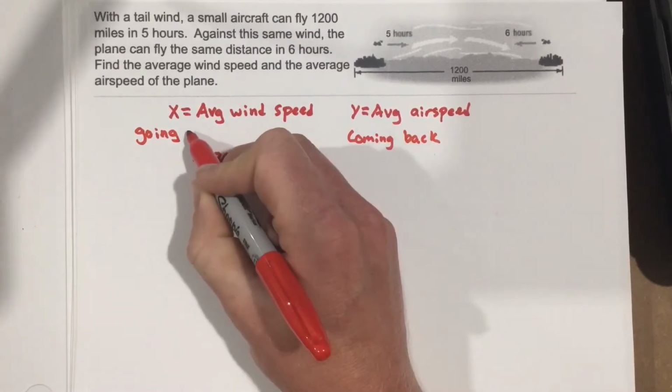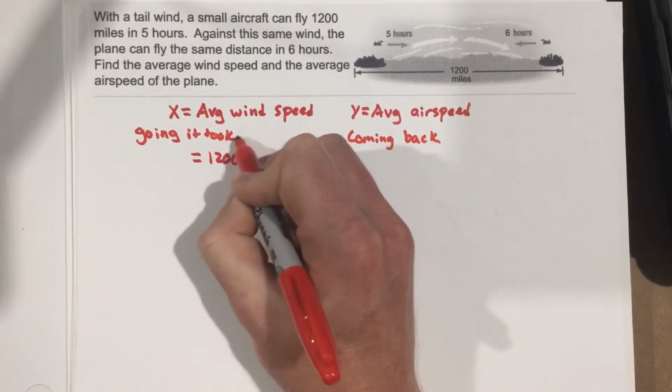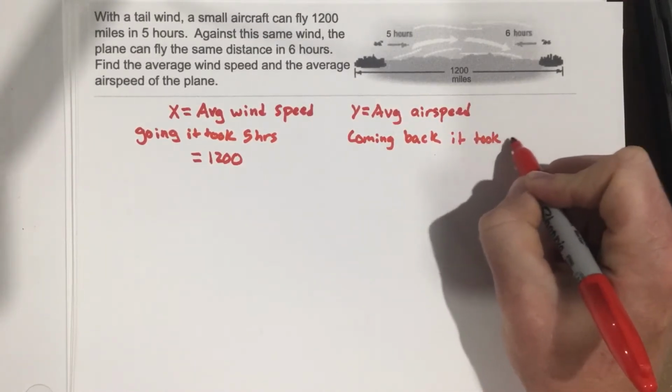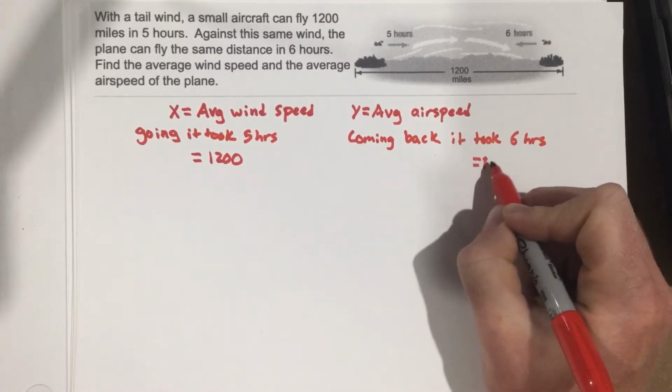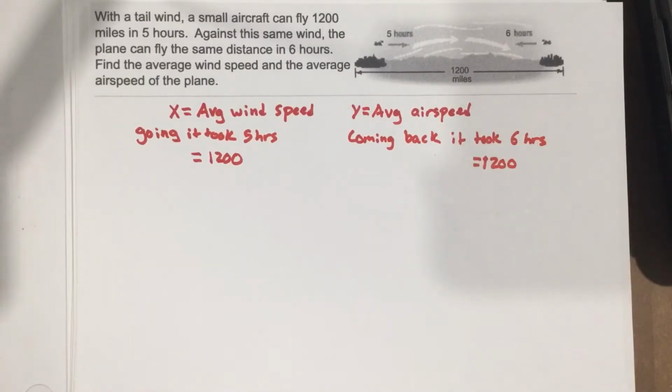When we were going, we knew it took 5 hours. And coming back, it took 6 hours. Both of those were the same amount of miles, 1,200, right? And we can see that in that picture there.